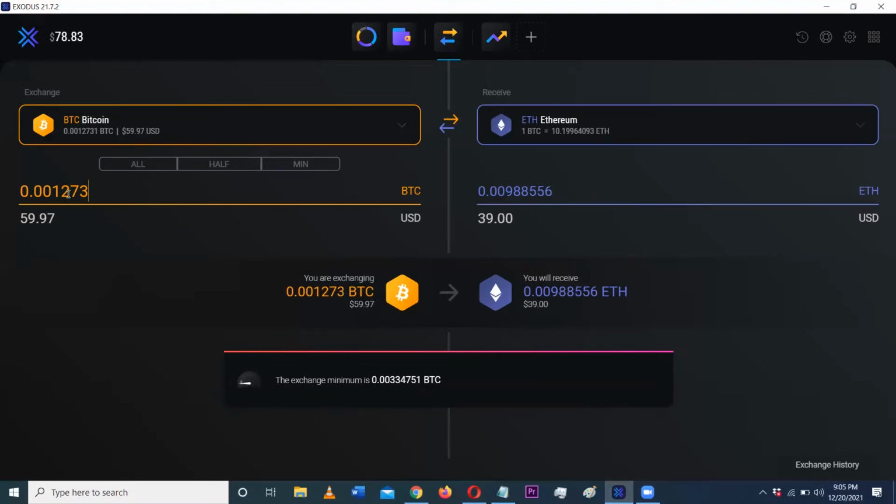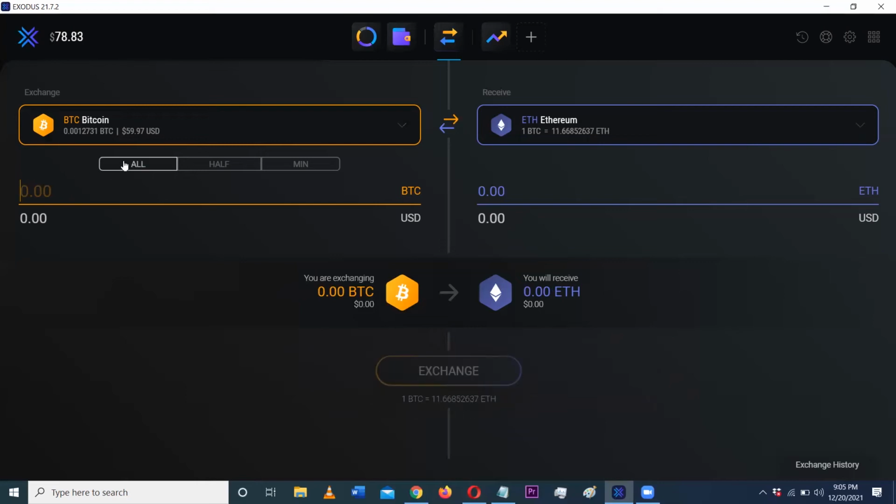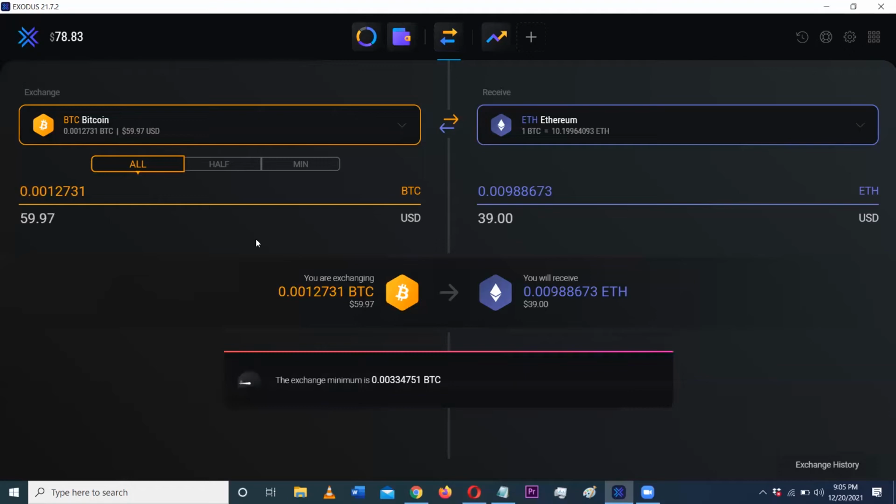Or it also has this feature where you can convert all. If I click on all, it automatically brings all the Bitcoin to my account here. You can convert half of it. You can convert the minimum, which means the minimum amount you're allowed to convert. So let me do all.